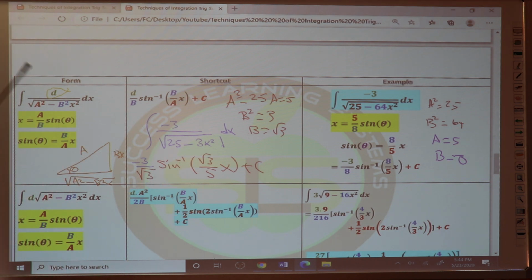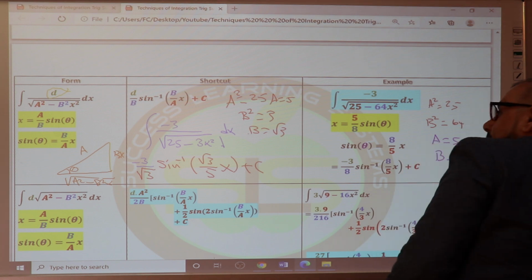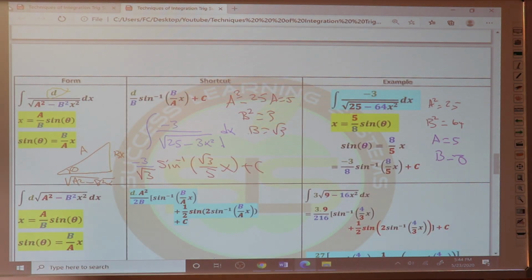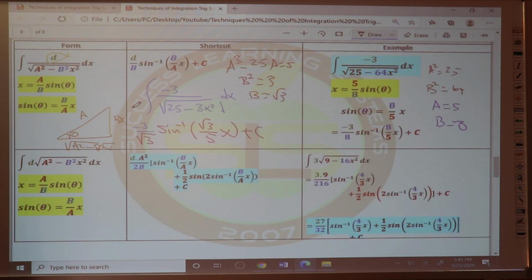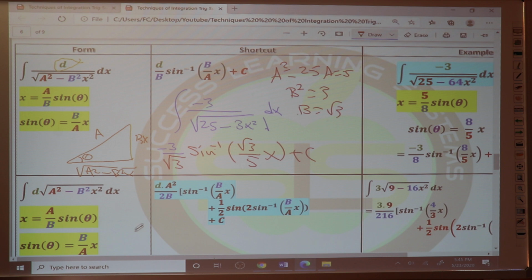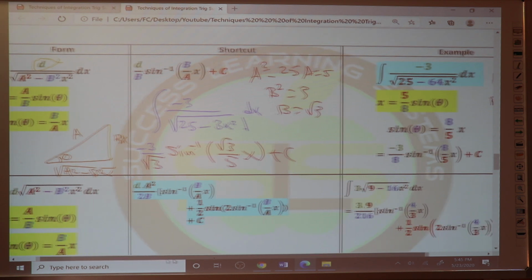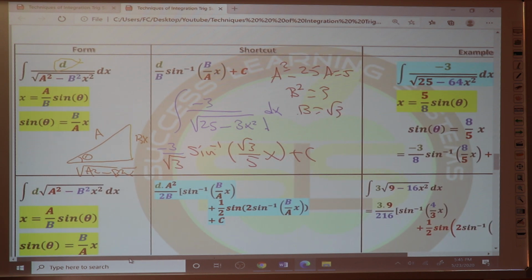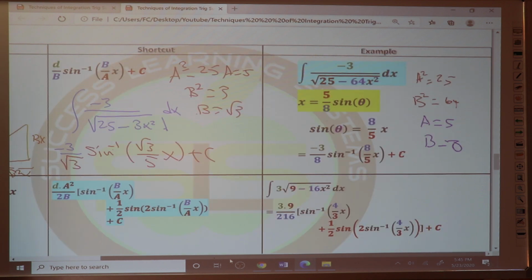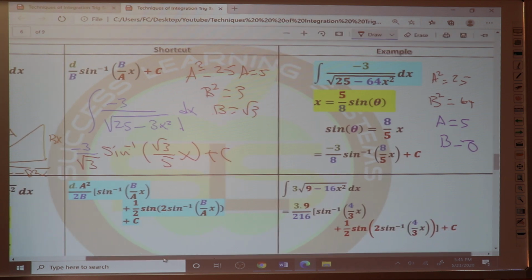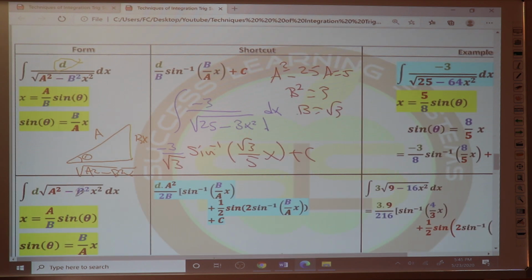Good job. Okay. Now, the difference between this case and the second case. What's the difference between this and this?